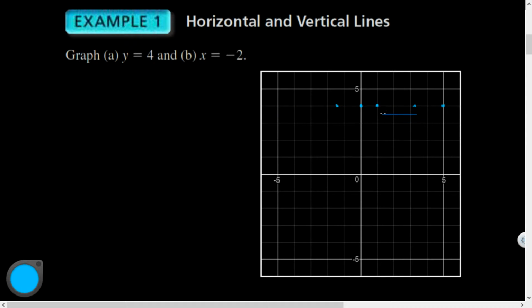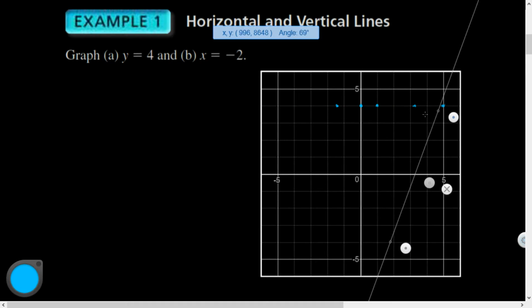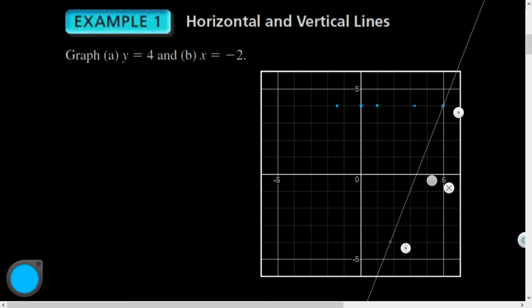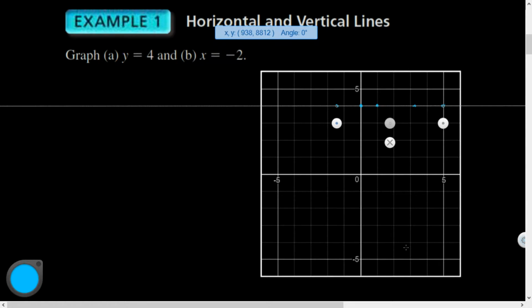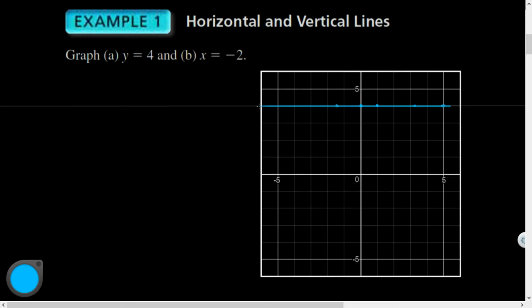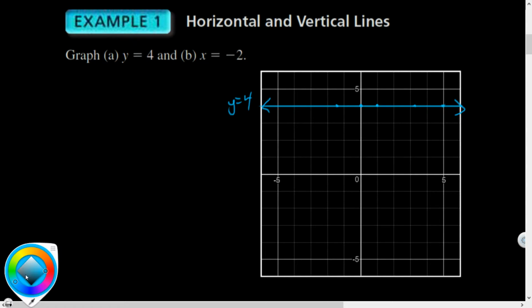I'm going to use my line tool. You guys are drawing this, right? The way you should learn things is by practicing them. It's going to be much better. So here's the equation of the line y equals 4. When it's y equals a number, that is the equation of a horizontal line. It's a linear function.